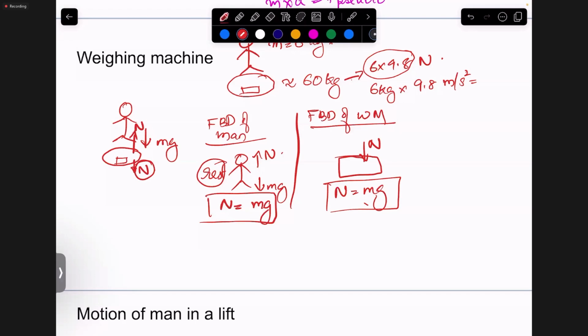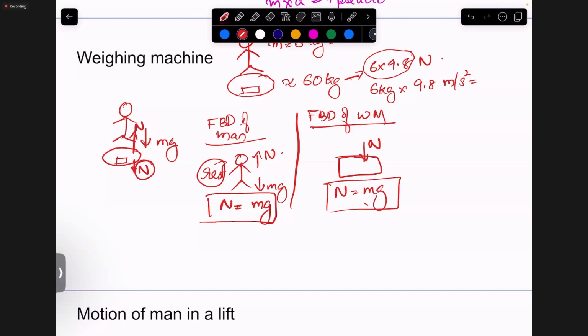Because what we have understood is a weighing machine is something which shows the normal reaction on the surface of the weighing machine. Since the normal reaction is equal to mg, that is why we say that whatever we are seeing on the weighing machine is our weight. Why I am saying this is because you will see in the next scenario how this weighing machine weight can be changed.